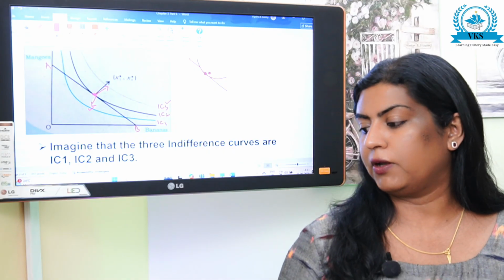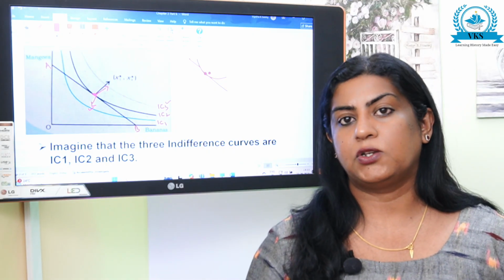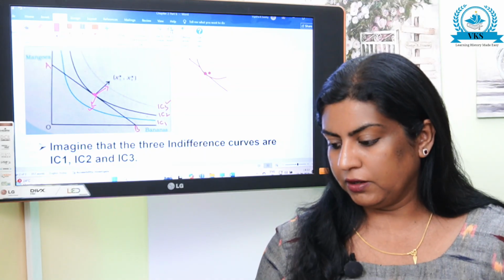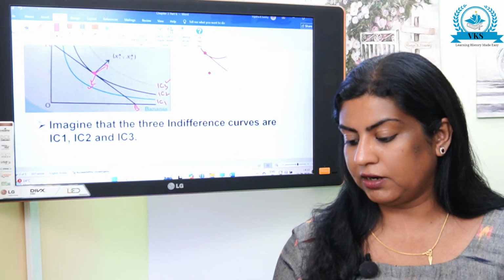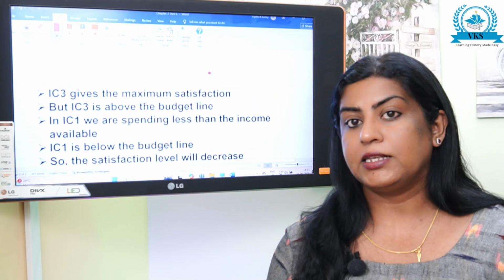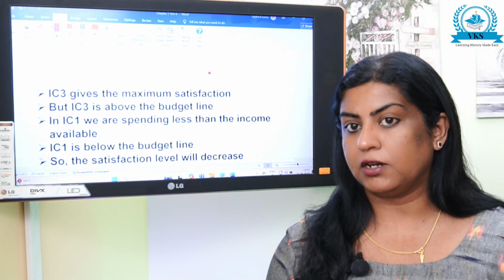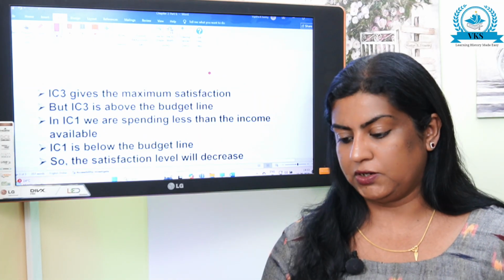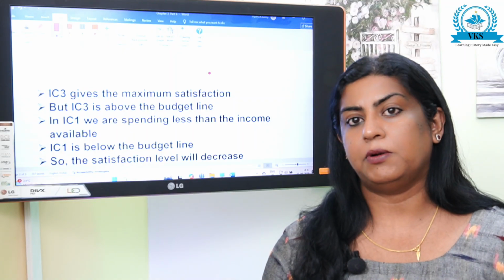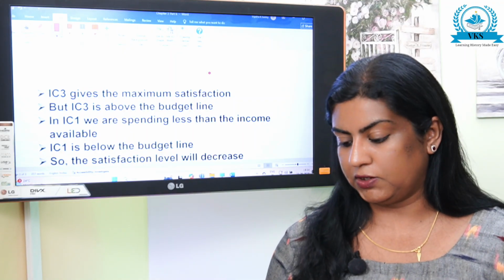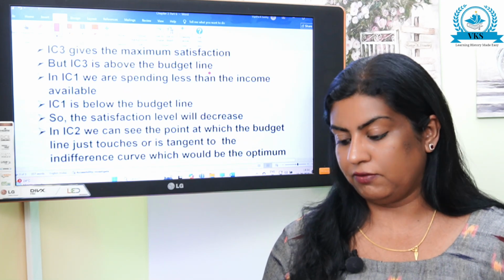So this point is the optimal choice of the consumer. So here, imagine that the three indifference curves are there, IC1, IC2 and IC3. IC3 gives maximum satisfaction, but IC3 is above the budget line. In IC1, we are spending less than the income available. IC1 is below the budget line. So the satisfaction level will decrease.